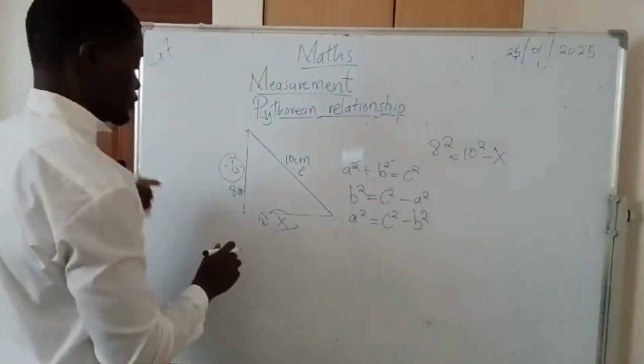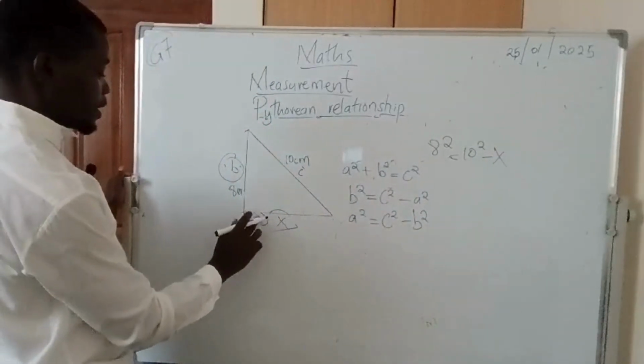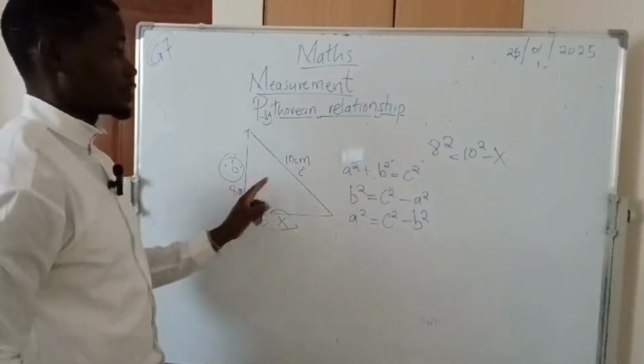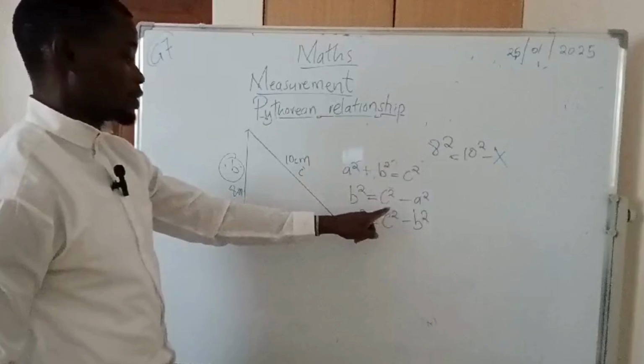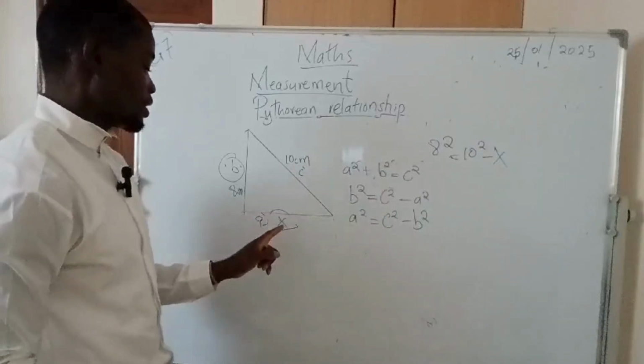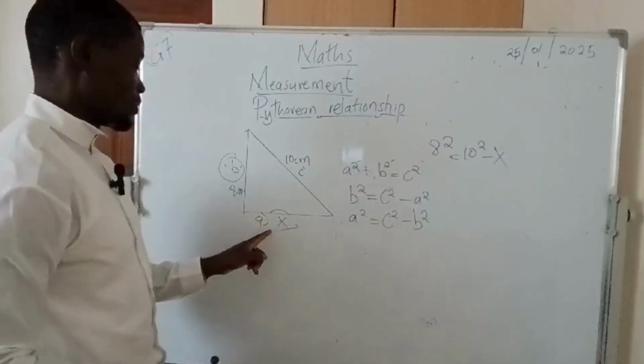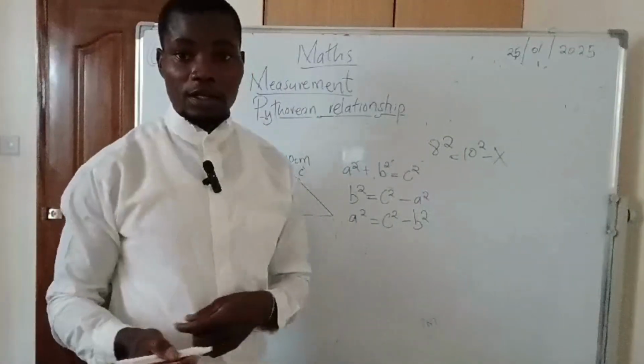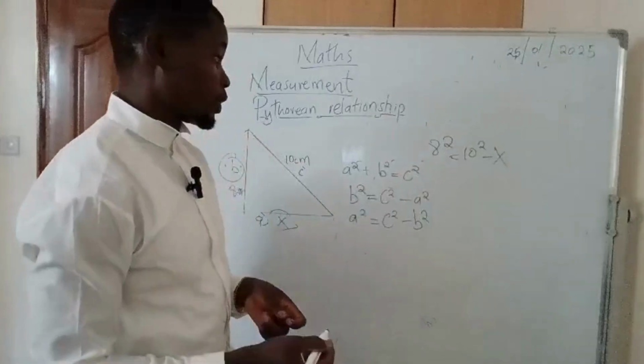So this one was our a actually, not b. So we are substituting 8 squared is equal to c, which is 10 squared, minus a, which is our x and is unknown. That is what we are simply looking for.